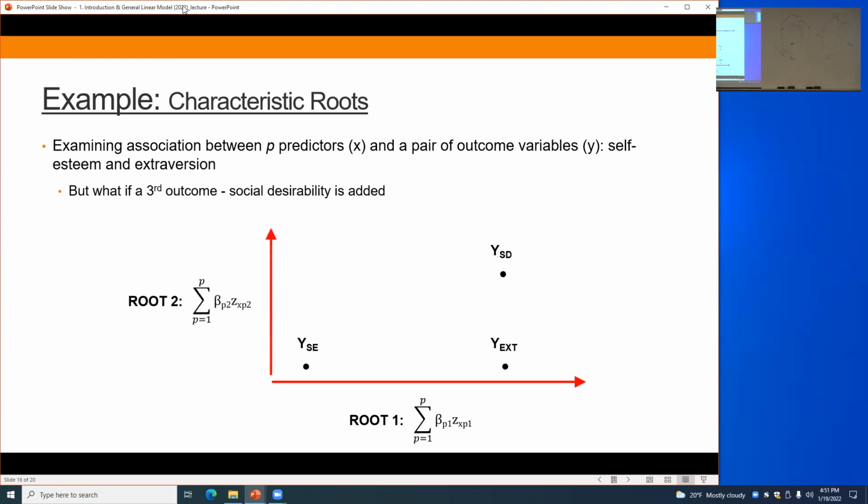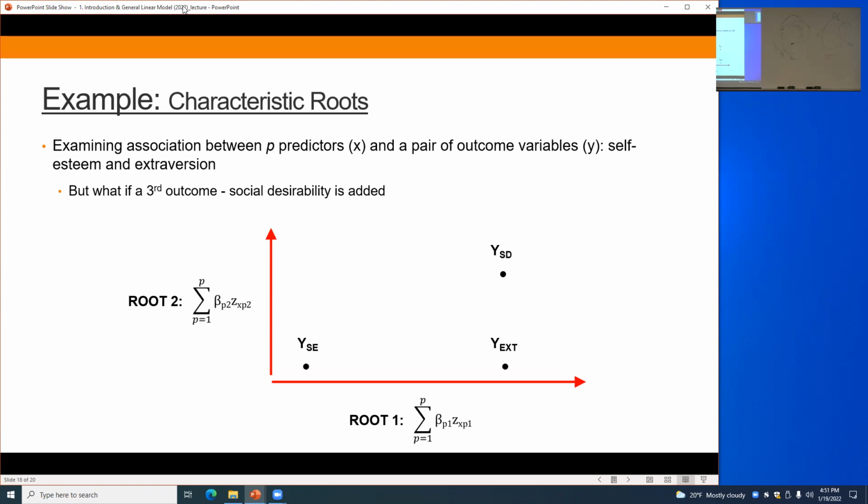So what I can do is extract another root, another equation. And now with this set of equations, root 1 and root 2, I can differentiate all three of these points. Does root 2 differentiate self-esteem and extroversion? No. On root 2, self-esteem and extroversion are indistinguishable, but I can differentiate social desirability and extroversion, and social desirability and self-esteem.